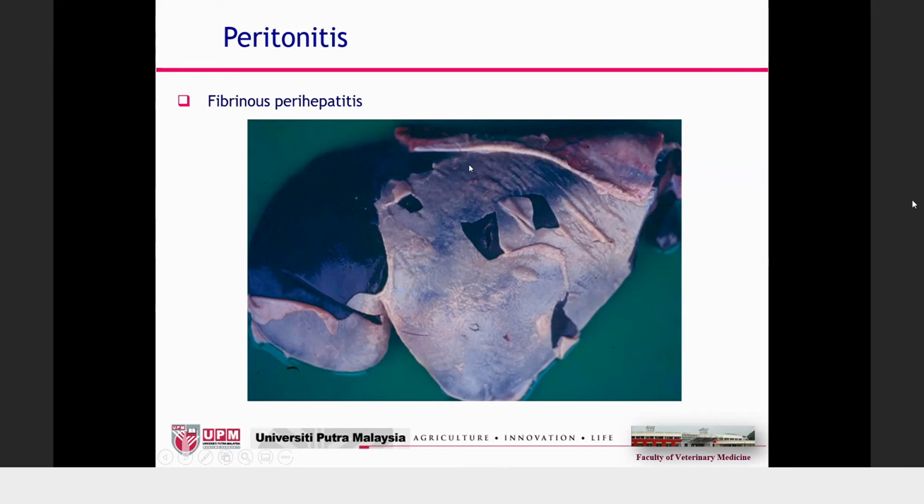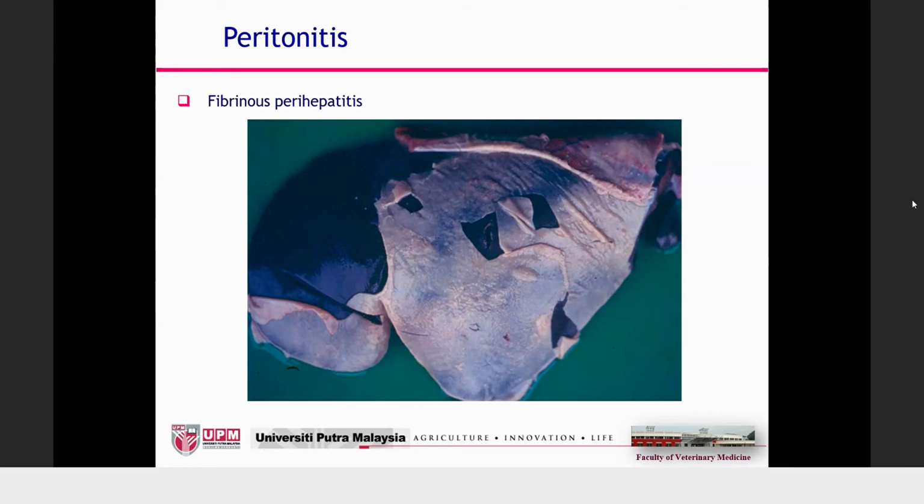So how does this fibrin actually present here? It is the same mechanism as fibrinous enteritis, you remember, where there's very severe inflammation of the intestine, at a stage where the fibrin from the blood vessel escapes, and that leads to what we call fibrinous enteritis. But in very severe form, they might also rupture a blood vessel, then cause fibrin and hemorrhages.